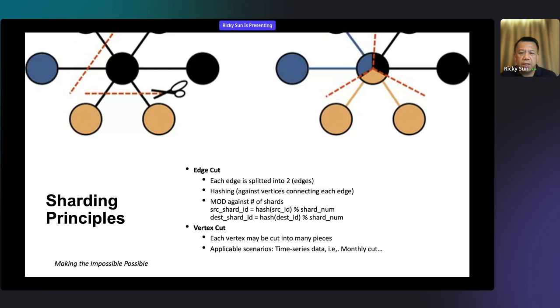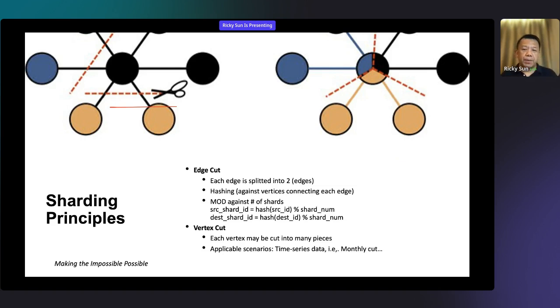For edge cut, it's quite what's illustrated here. It's quite straightforward, right? Each edge is split into two edges, and we also need some kind of hashing mechanism to glue things together, because the vertices used to be connected and stored in one instance, and now potentially are separated into different instances.